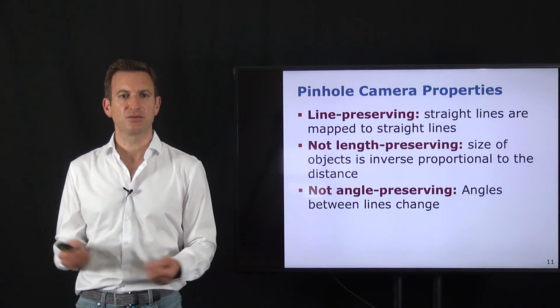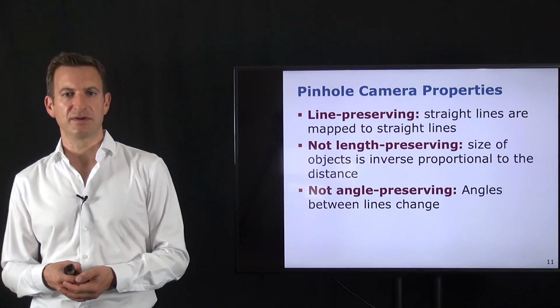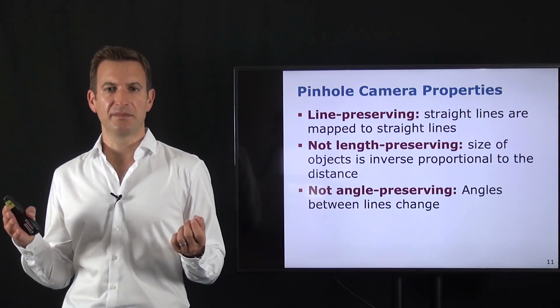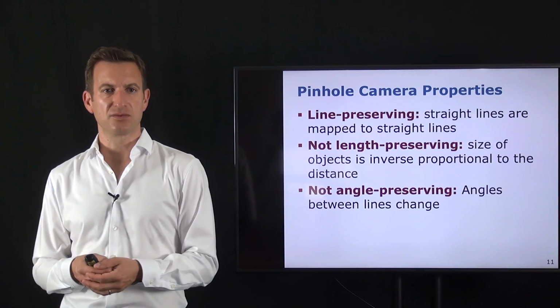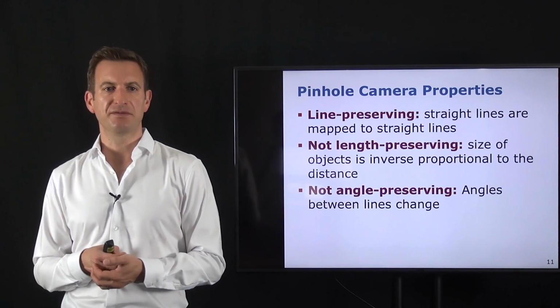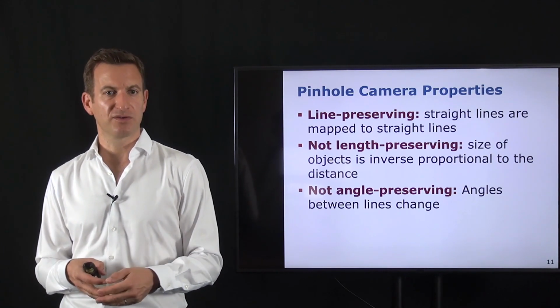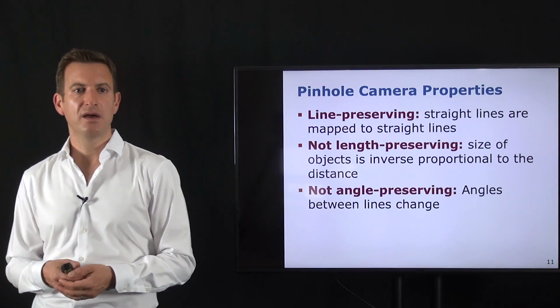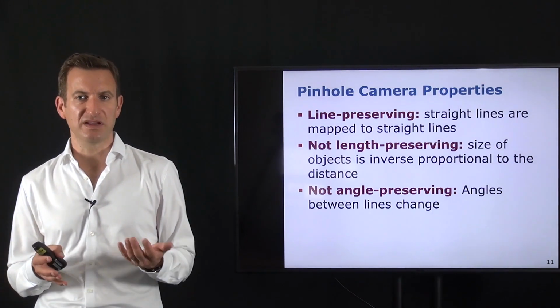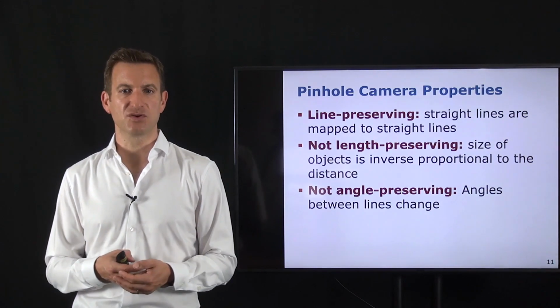So if you have a straight line in the real world, it stays a straight line in your image. It is not length preserving. That means you have two objects in the real world which have the same size, but they may be mapped to a different size in our image plane. For example, if one is further away from the pinhole camera than the other object, this leads to a different size of the object in the image space.